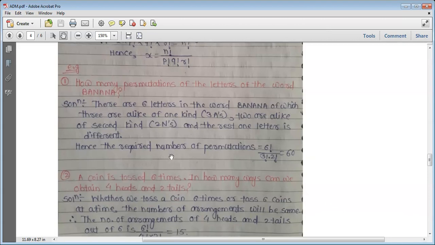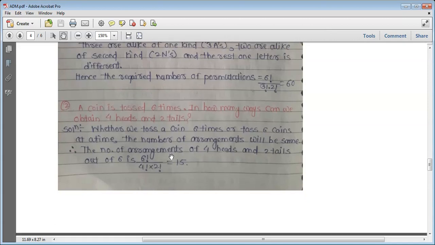Now the second example: if a coin is tossed 6 times, in how many ways can we obtain 4 heads and 2 tails? Its solution: whether we toss a coin 6 times or toss 6 coins at a time, the number of arrangements will be the same.